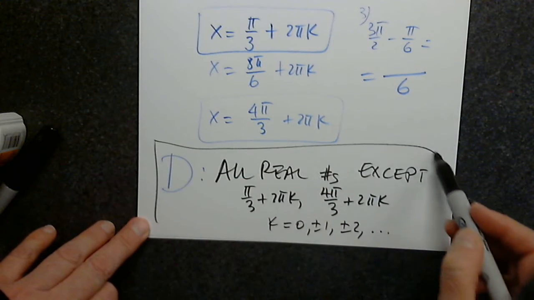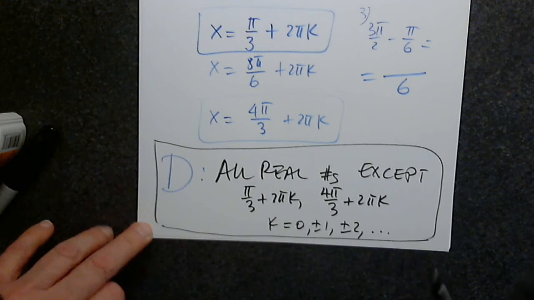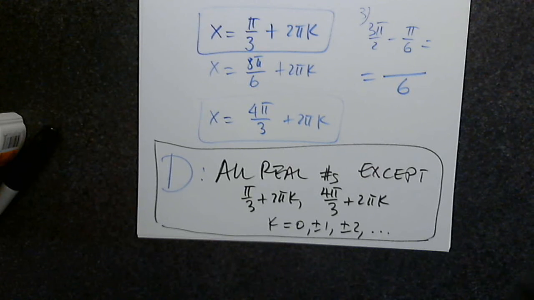This is the domain. All real numbers except those angles, and there are infinitely many because of k. Any questions on this?